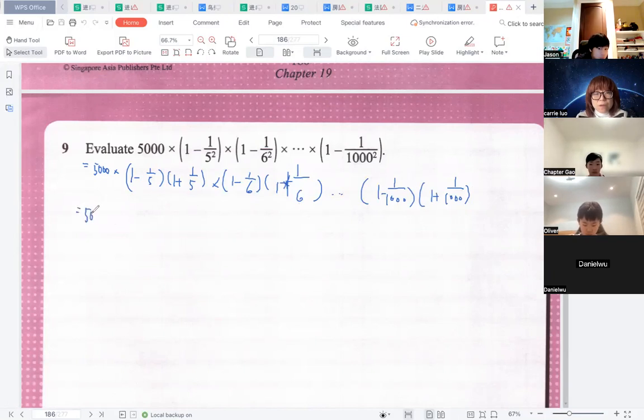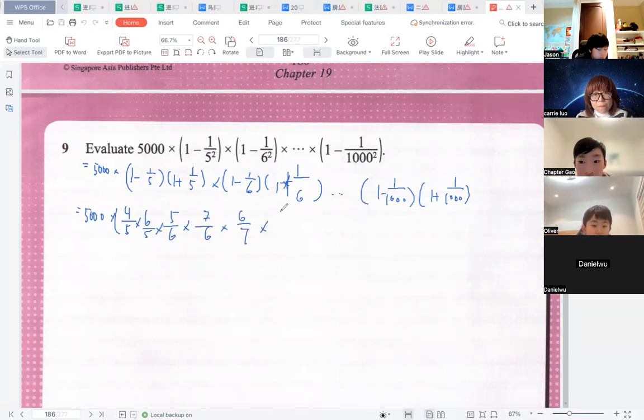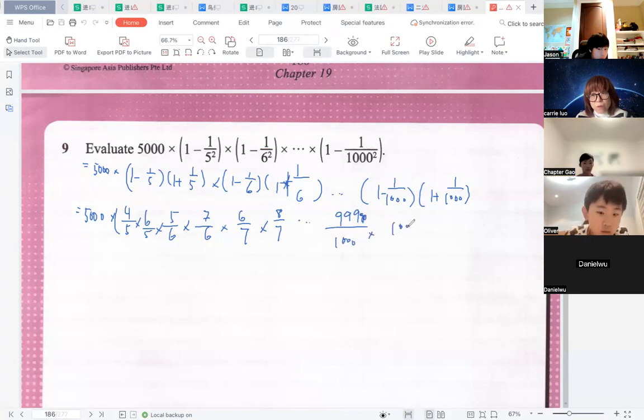Okay, equals 5,000 times 4 over 5 times 6 over 5 times 5 over 6 times 7 over 6 times 6 over 7 times 8 over 7. So all the way to 999 over 1,000 times 1,001 over 1,000.